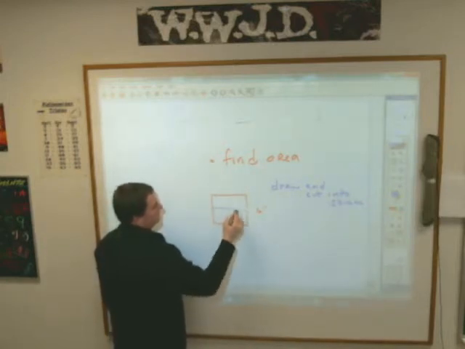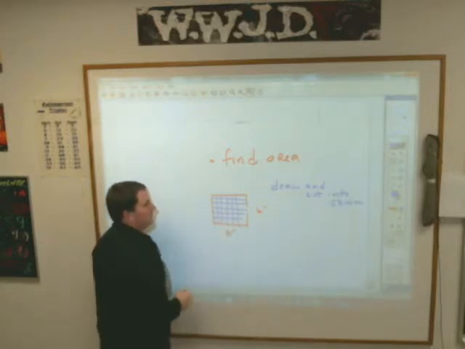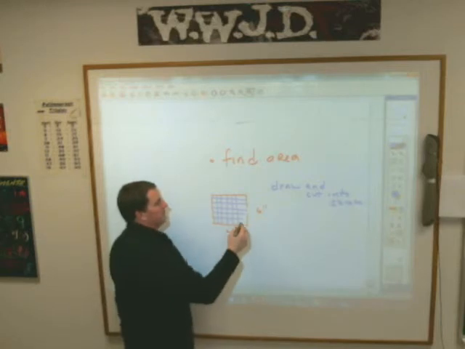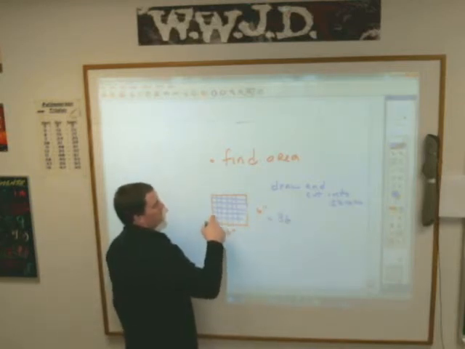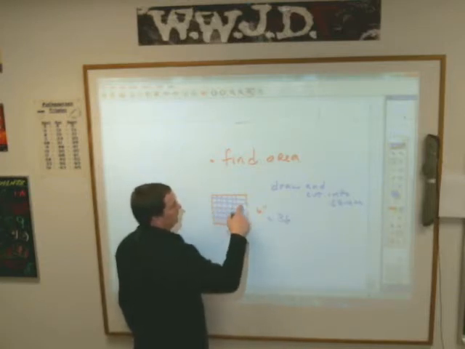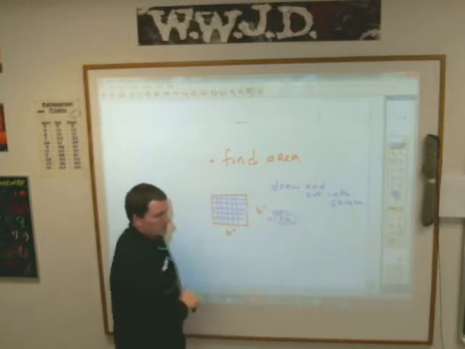This is 6 inches, so it's going to look a little like this. Then count each and every one of those squares, and you get 36 squares.